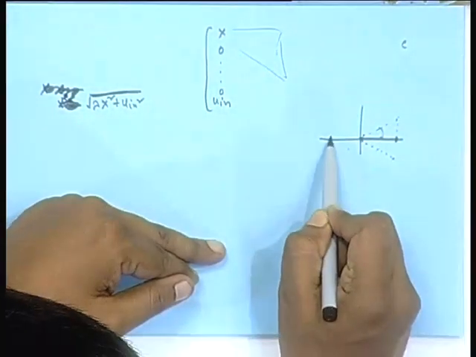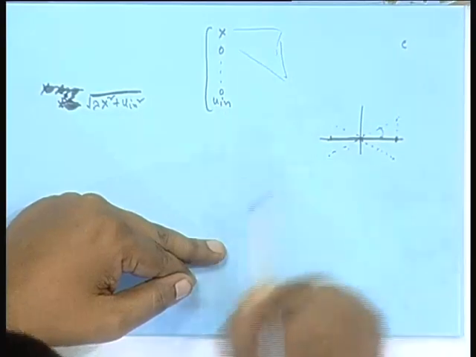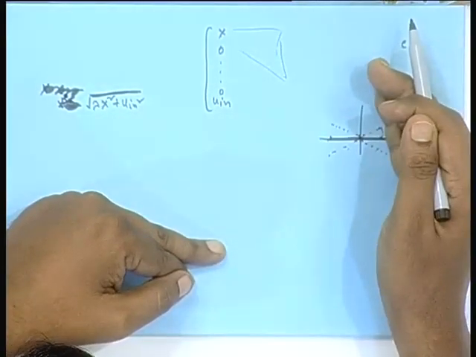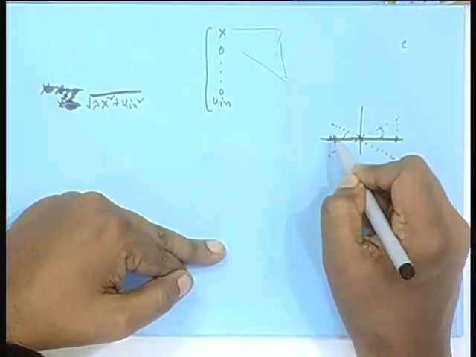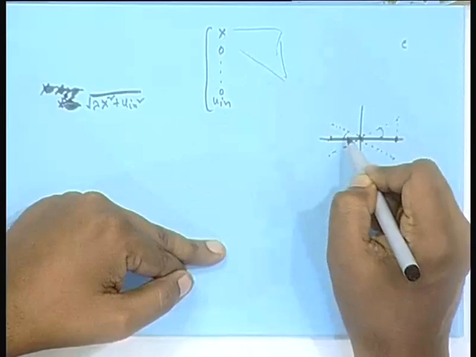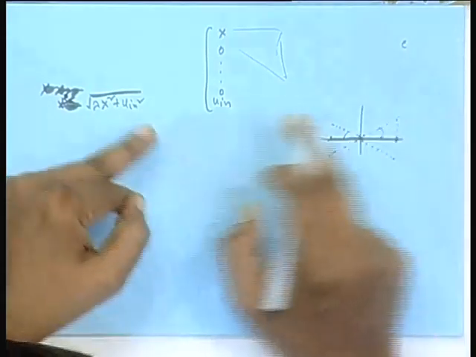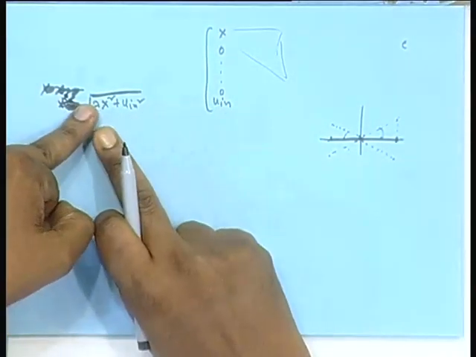On the other end, it could be here, and again I could be here or I could be here. If I am here, I rotate this way, but by how much angle? This angle only. And what is the x value? Negative, it comes out to be negative of that length. Square root is a length, I find it is positive. So, I have to give a sign to that.